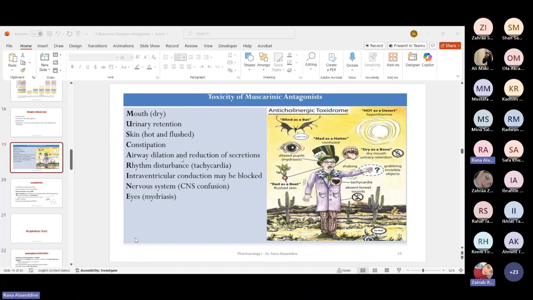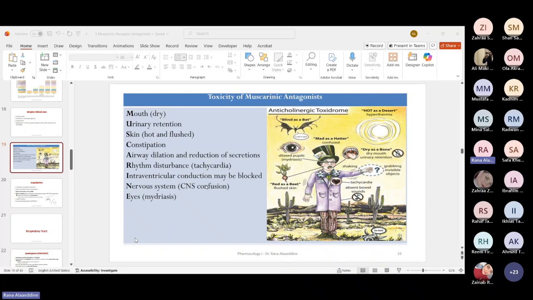Dilation. What happens to secretions of the lungs? Decrease. That's right. What happens to the heart? Increased heart rate. Yes, an increase in the heart rate.